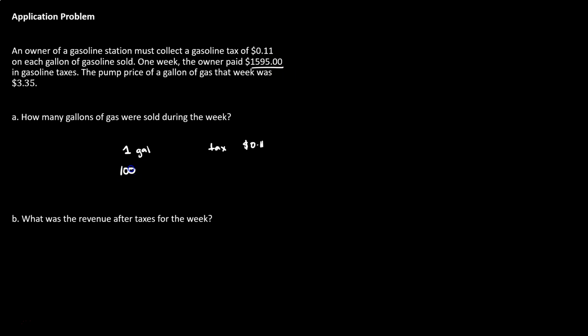What if they sold 100 gallons? Then their tax bill would be the 11 cents times the 100 gallons that they sold. 0.11 times 100, that actually just turns into 11.